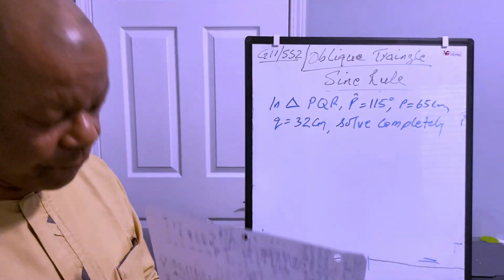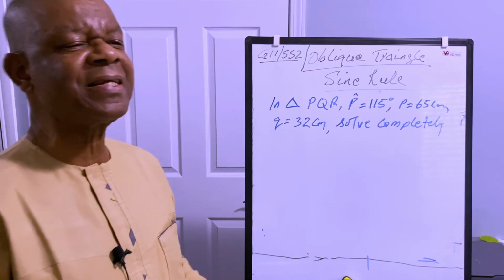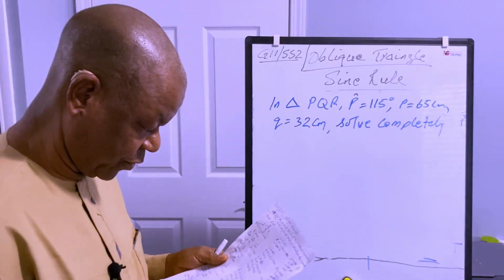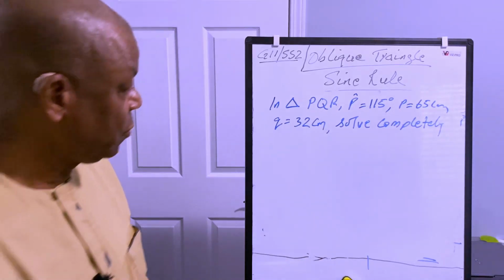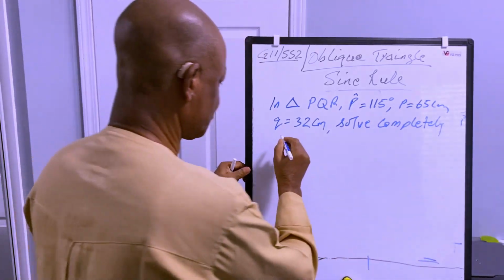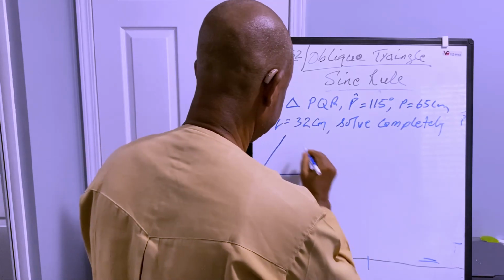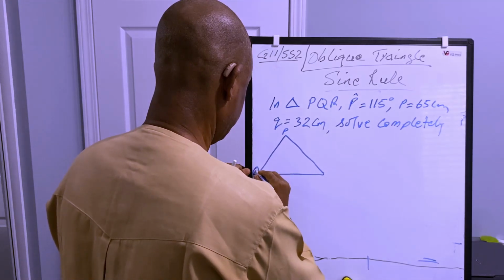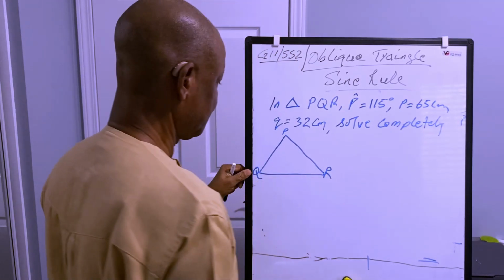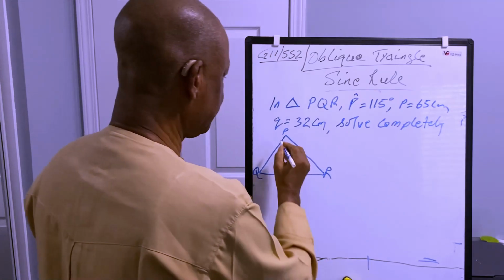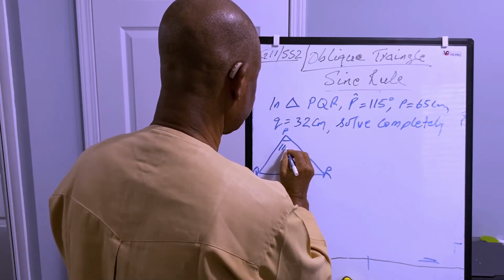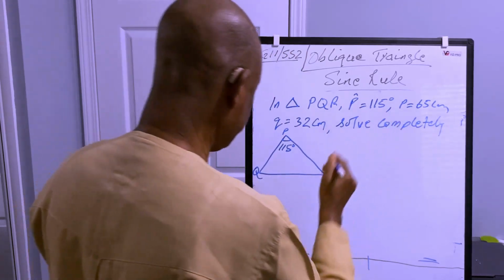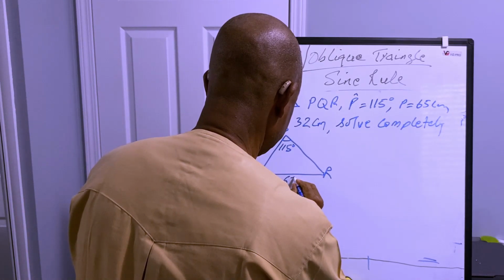I said solving completely means find all the ungiven sides and all the ungiven angles in that very particular question. We go on to sketch P, Q, R. Angle P is 115 degrees, while side p is 65 cm.